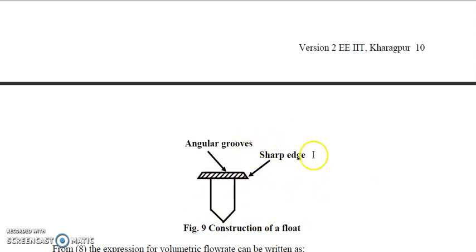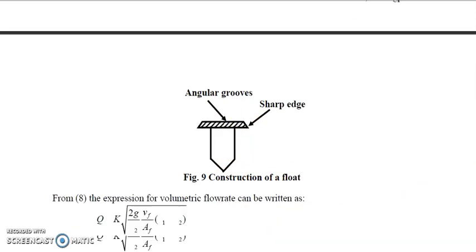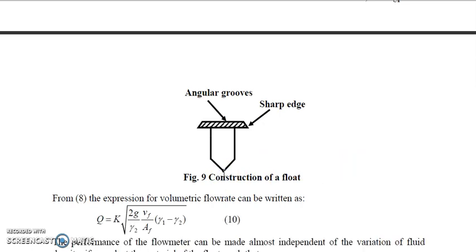All these points that we have just discussed, if taken into account, give this shape of the float, the cylindrical float. These are the angular grooves with sharp edges, and at the bottom it has a pointer. This is the pointer through which we can take the reading.